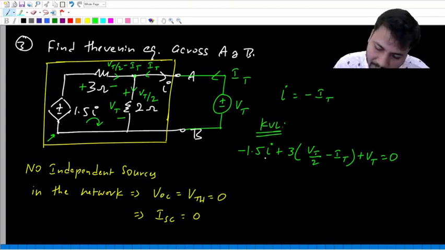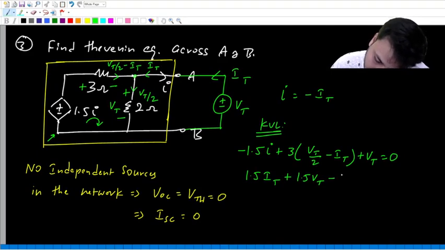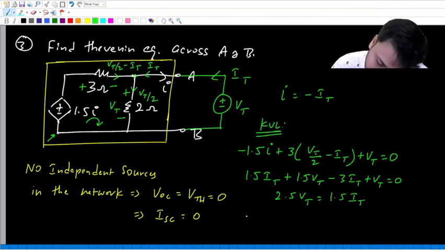So in place of I, if you write minus IT, it will become plus 1.5 IT plus 1.5 VT minus 3 IT plus VT equal to 0. So 1.5 VT plus VT is 2.5 VT, equal to 3 minus 1.5, which is 1.5 IT.